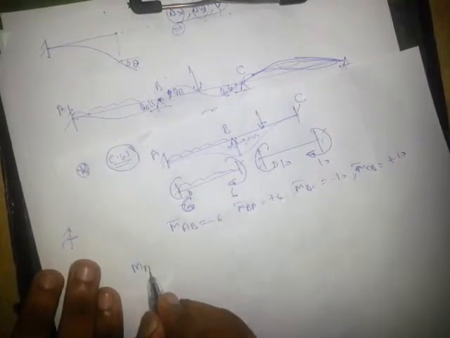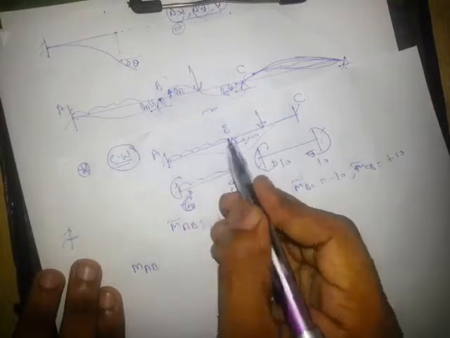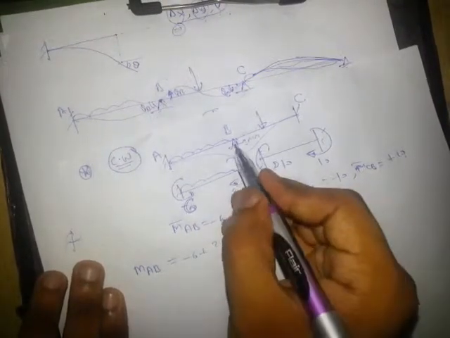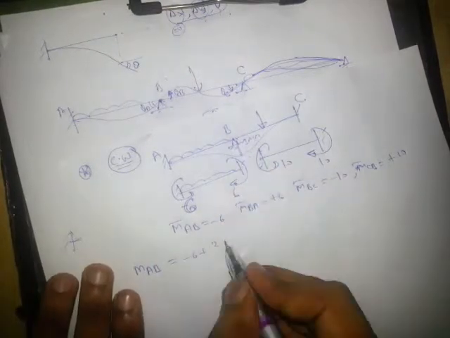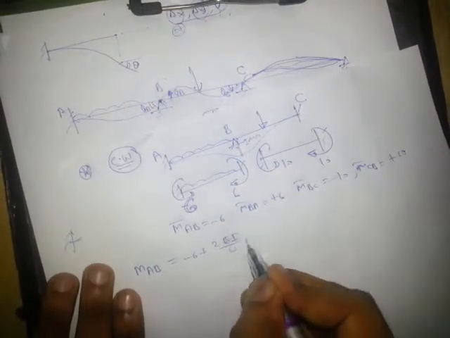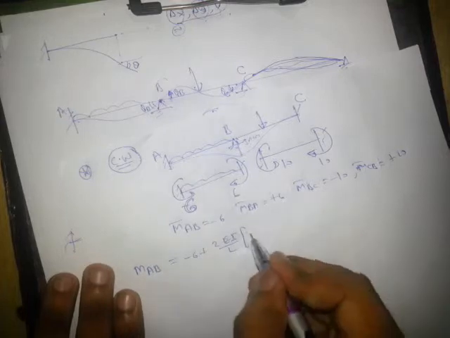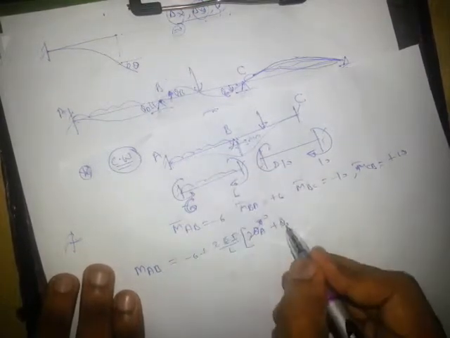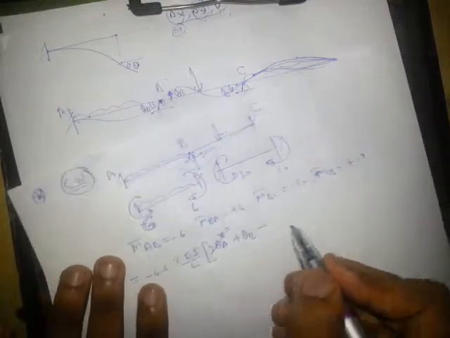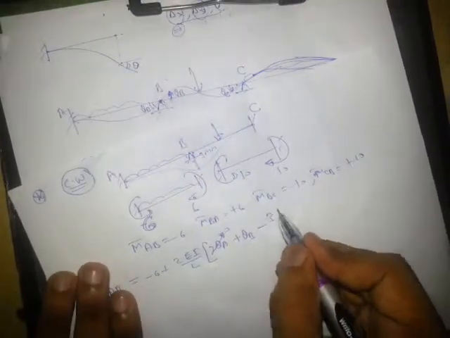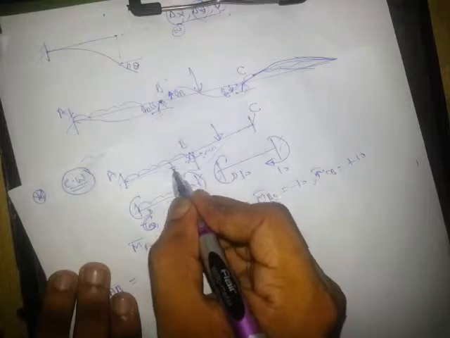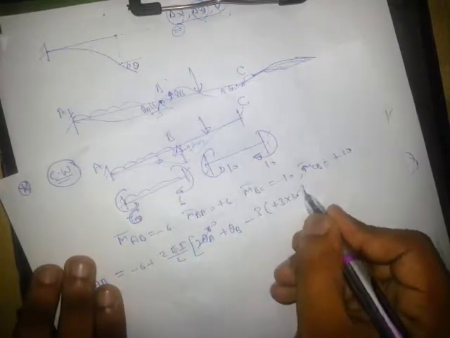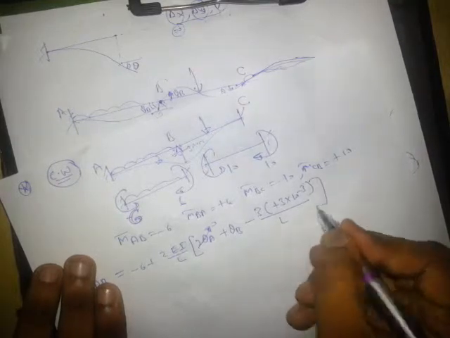First we will write MAB, means A to B. You will write M bar AB plus, since the far end is fixed, 2 EI divided by L, 2 theta A, which will be 0, plus theta B minus 3 delta. Delta will be positive or negative? Since it is rotating clockwise, it will be plus 3 into 10 to the power minus 3, divided by L.